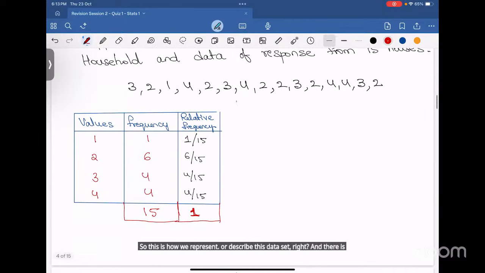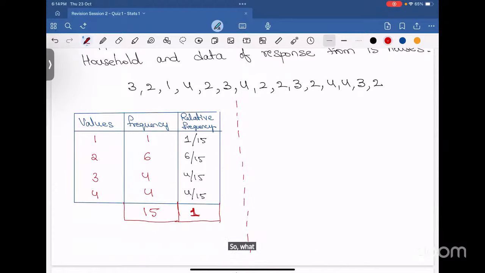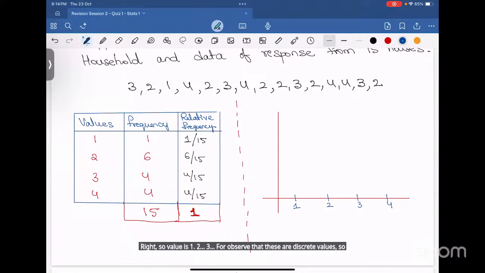There is one more way, which is using bar graphs. Bar graphs have an x-axis and a y-axis. The x-axis contains the values 1, 2, 3, 4. Observe that these are discrete values, so there is no value between 1 and 2, between 2 and 3, or between 3 and 4.